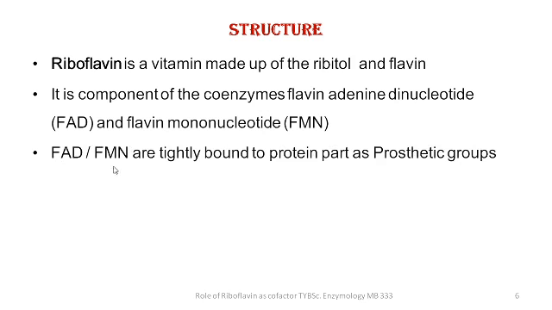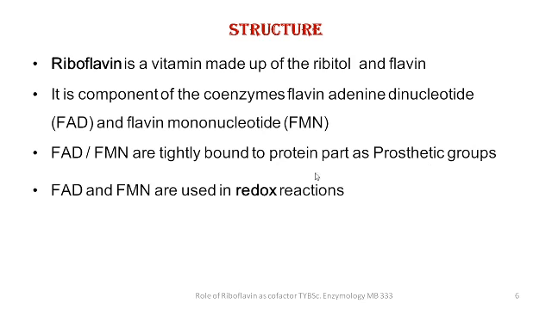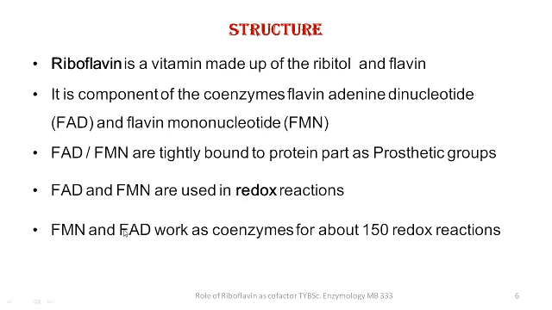The FAD and FMN are tightly bound to the protein part of the enzyme, and so they are bound as prosthetic groups. FAD and FMN participate in the redox reactions during metabolism. They work as coenzymes for about 150 redox reactions that take place in a cell.